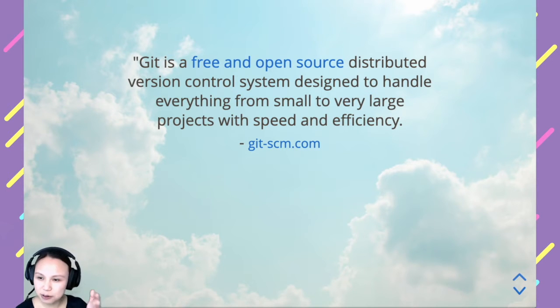There are quite a few questions here. What is version control? This is a term I'm going to use a lot today, so we had better understand it first, and then you'll know why Git can handle things from small to very large when we dive into how Git works. First of all, version control: what it is and why you need it.